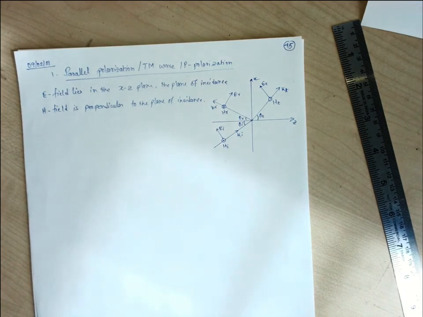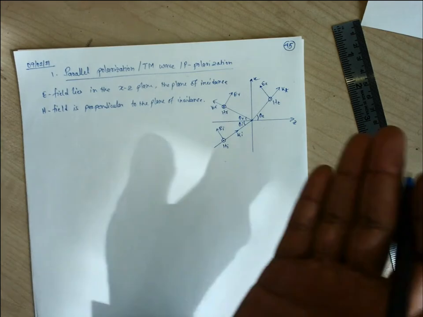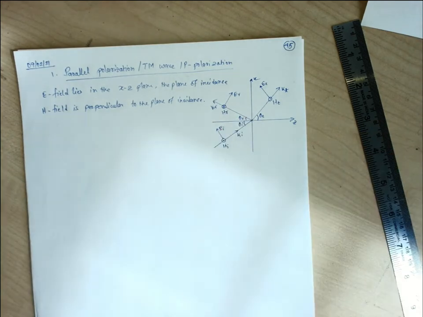So we recognize that the electric field is parallel to the plane of incidence, the xz plane, and the magnetic field is perpendicular to the plane of incidence. Clear? So here we need to find the electric field components in different directions, for incident as well as for reflected.